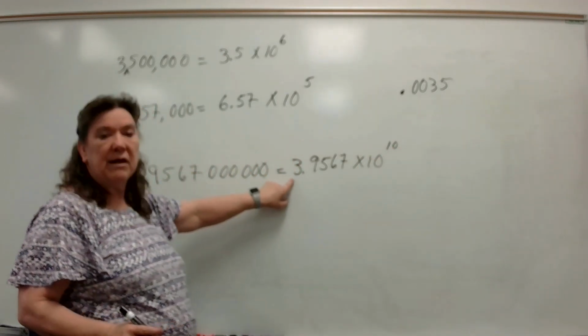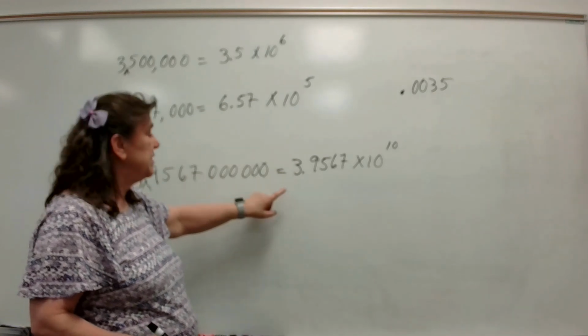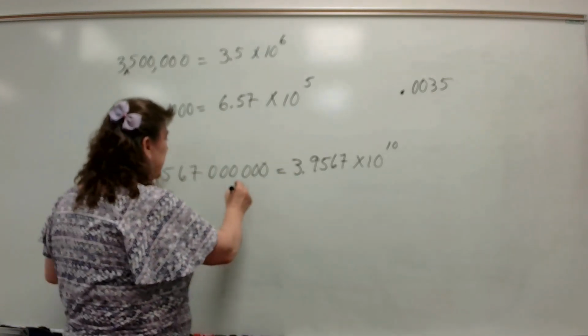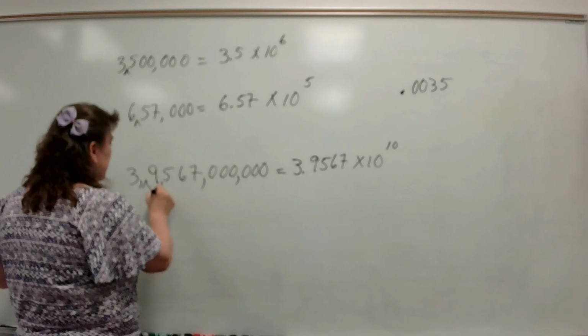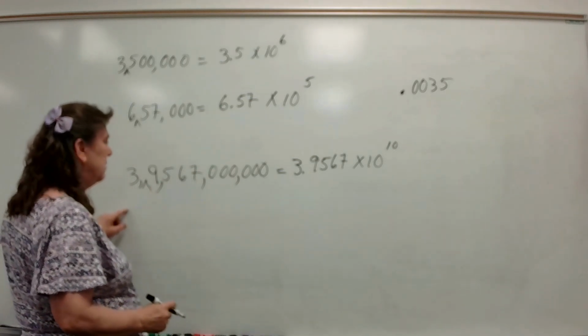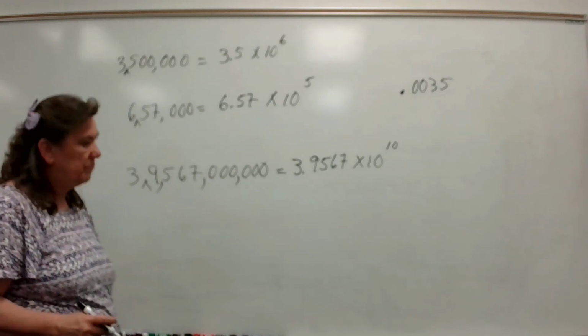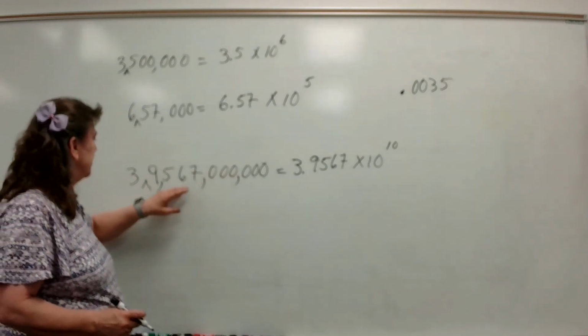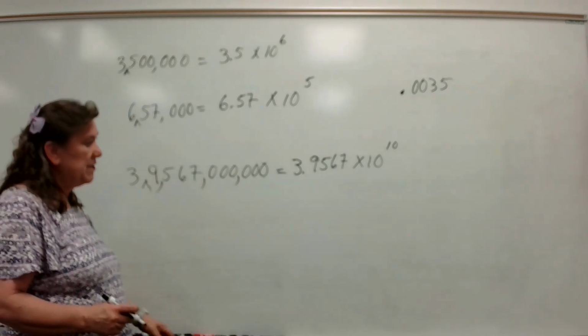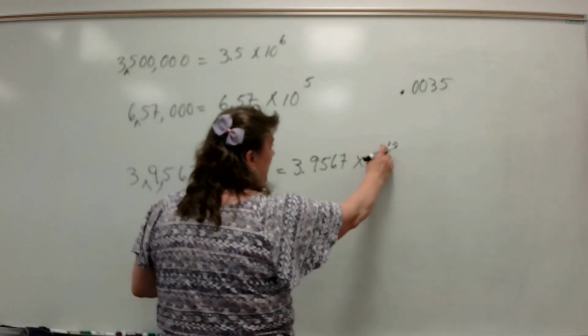Well, 3.9567 is much smaller than 39 billion. 39,000 billion. So it's much smaller, therefore it's a positive power.